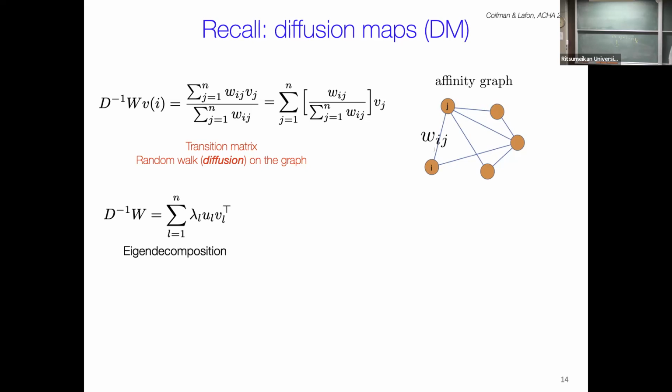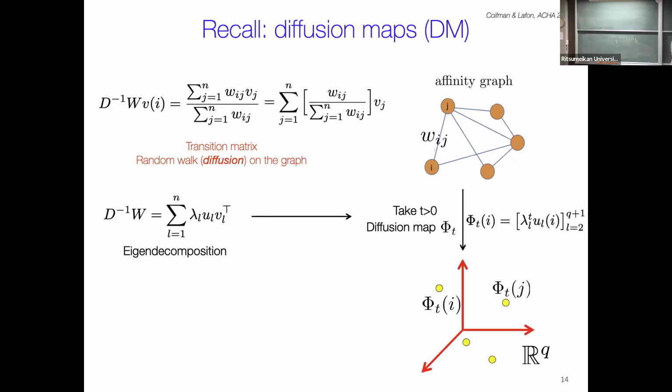But you need to be careful about eigendecomposition, because if you construct the affinity graph using a complete graph or epsilon ball, then W is symmetric. But if you use KNN, W may not be symmetric, and D inverse W may not be diagonalizable. So let's assume it's diagonalizable and forget about this small technical detail.